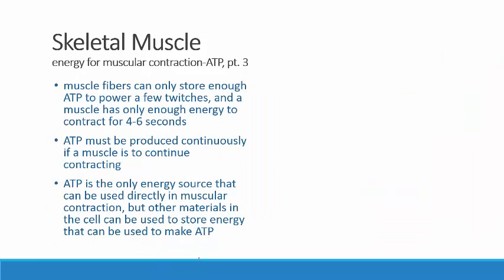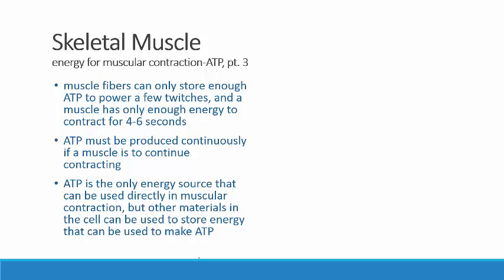Okay. So where in the cell is this ATP energy found? Well, muscle fibers can only store enough ATP, because ATP is a fairly short-term energy source, to power just a few twitches, just a few very short-term contractions of the muscle cell.